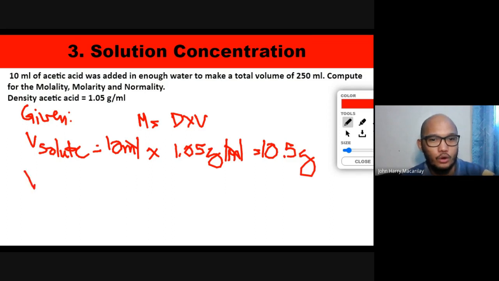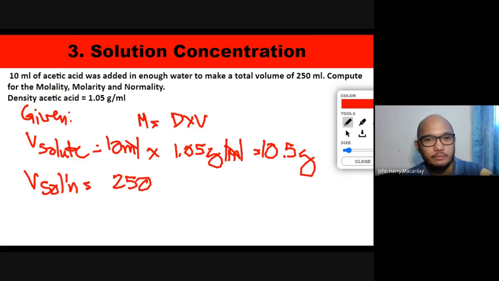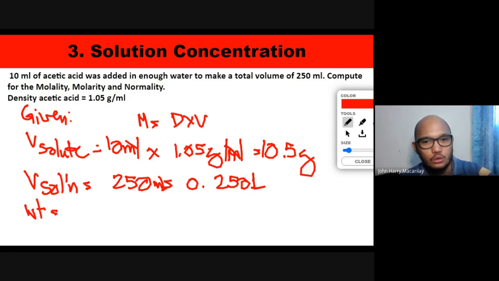And then the volume of the solution is 250 mL also. If you convert this to liters, it's 0.25 liters. And then for the weight of the solution, 250 grams is equivalent to 250 mL.